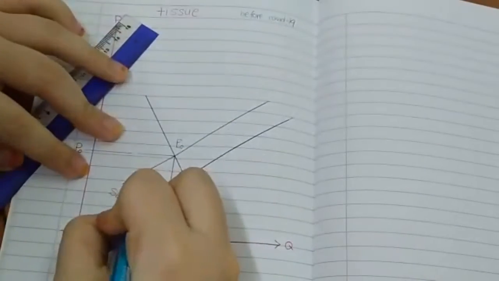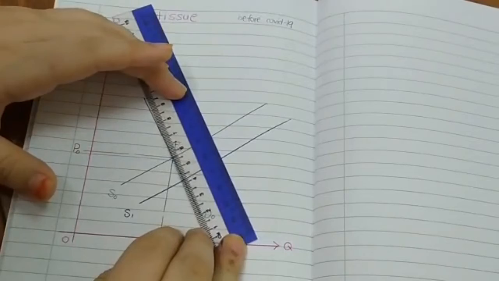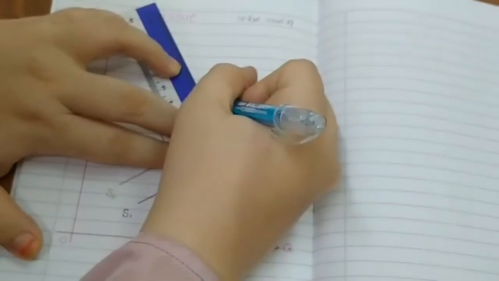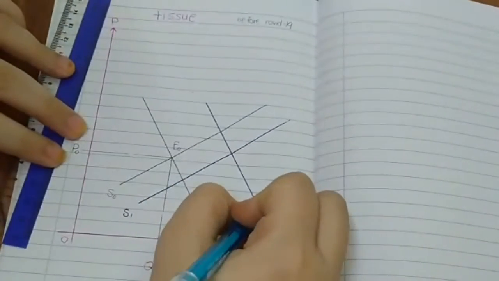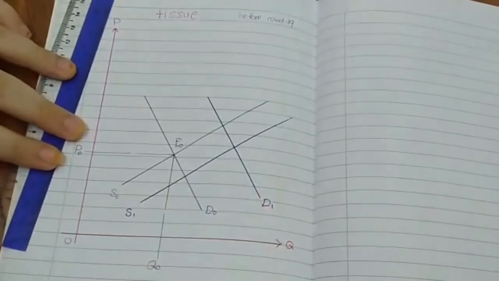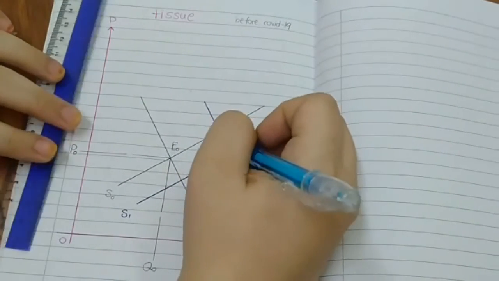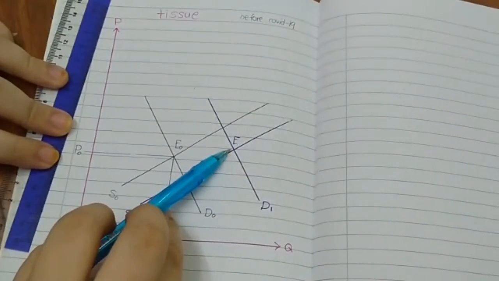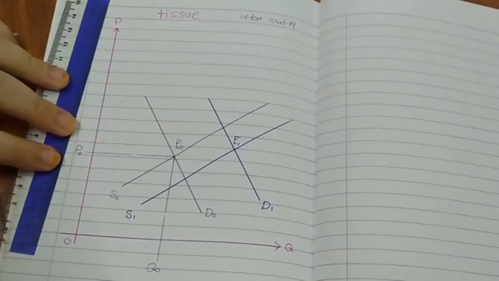I will put it as S1, and this as D1. Then this is the new equilibrium point, which I will put as E1.